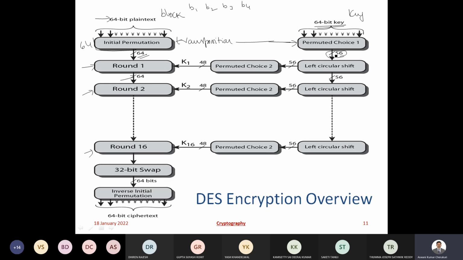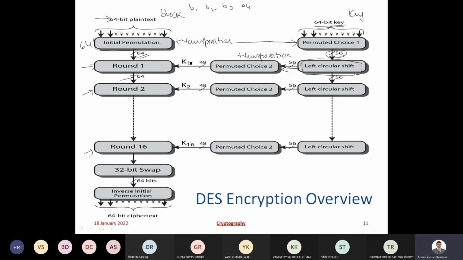So the length of the key is becoming 56 now. After that, perform a circular shift operation towards the left on the 56 bits. Obviously that would be 56-bit only, right? Then again you perform some transposition. When you perform transposition on the 56-bit length, obviously the output would be 56.